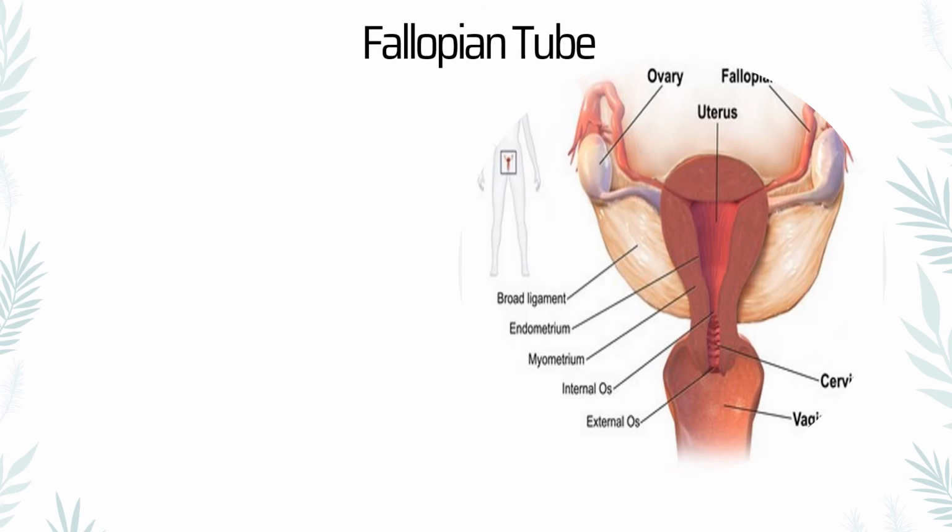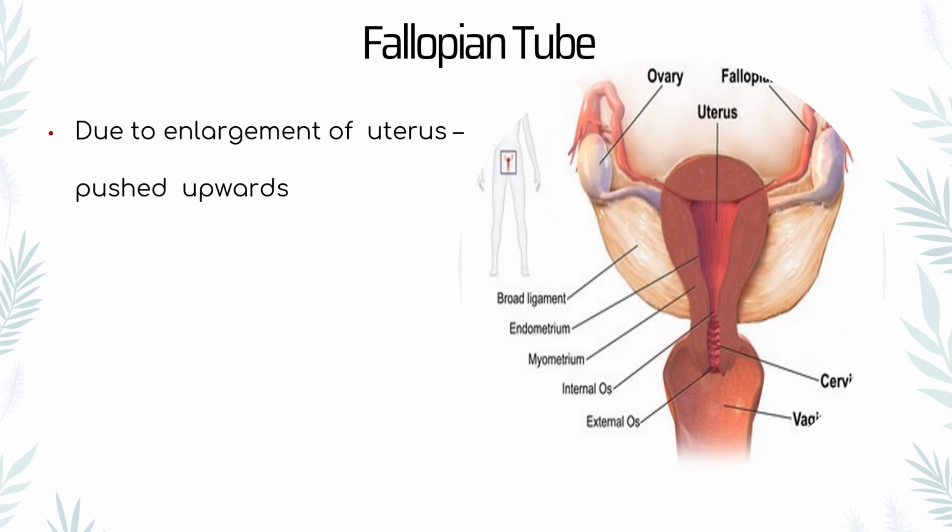Fallopian tubes: the fallopian tubes are pushed upwards due to the increase in the size of the uterus. Hyperplasia of the epithelial cells occurs and blood supply also increases.